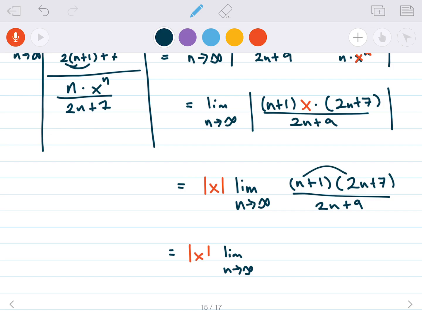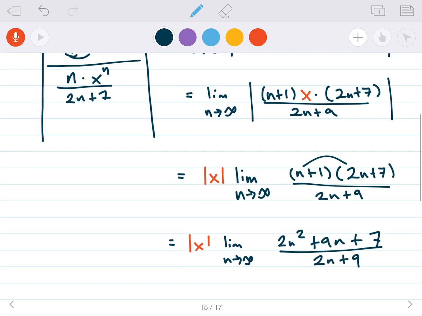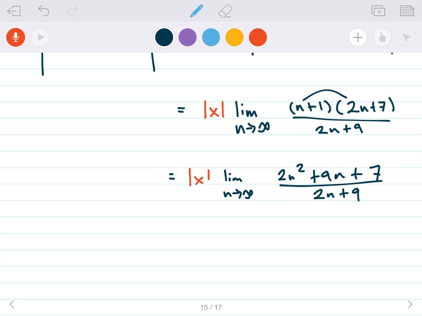Distributing up top, I get 2n squared, 7n, and 2n is 9n, and then 7, so that's just FOILing that out over 2n plus 9. Excellent. At this point, I can either do L'Hopital's rule, or I can divide by the highest power, which is what I'm going to do in this case. That's going to be n squared.